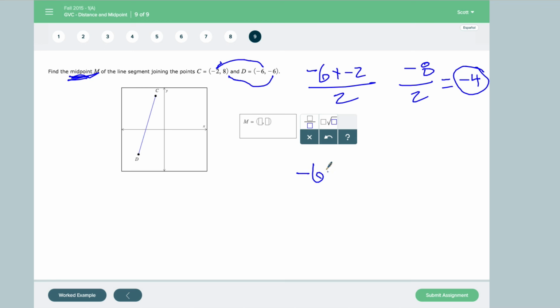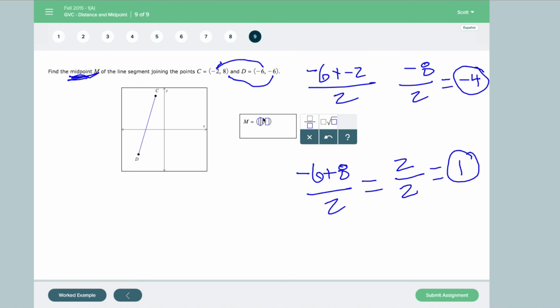Negative 6 plus 8 divided by 2, and that turns out to be 2 over 2, and that's 1. So there's our y. So our x is negative 4, and then I found the y to be 1. So there's our x comma y.